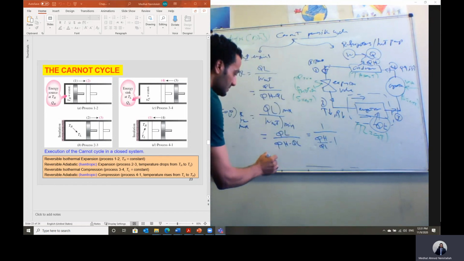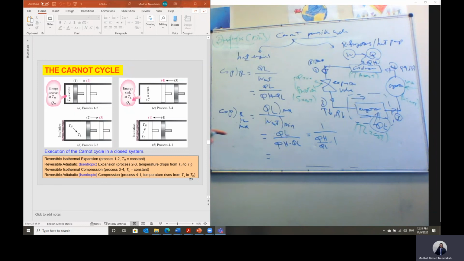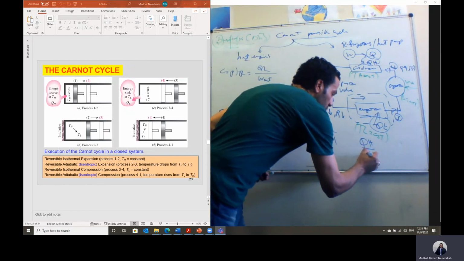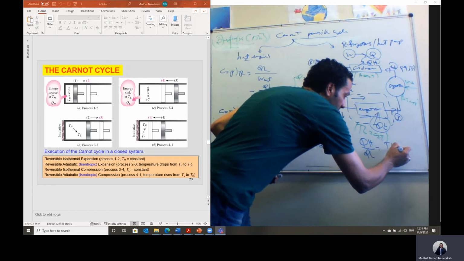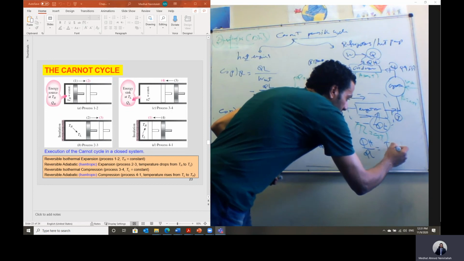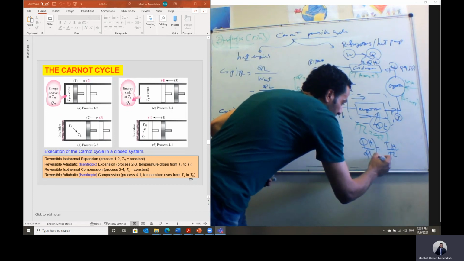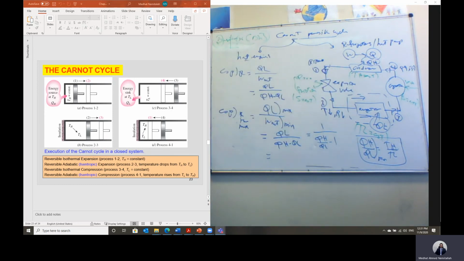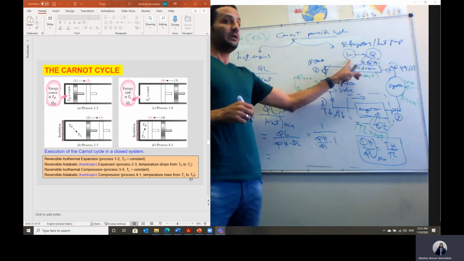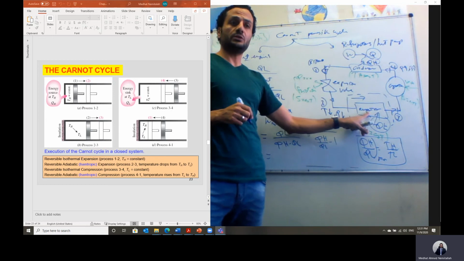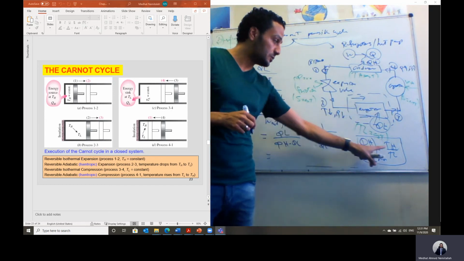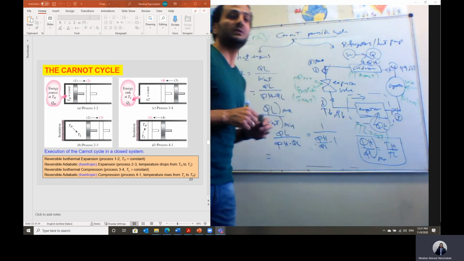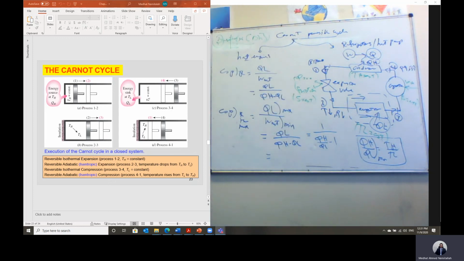But we said in case of a reversible system, the ratio Q high over Q low is the same as T high over T low, for a reversible heat engine working on Carnot cycle, because heat is added at constant temperature and heat is rejected at constant temperature. That means heat is only a function of the temperature, so the ratio of heat transfer is the same as the ratio of the temperature.